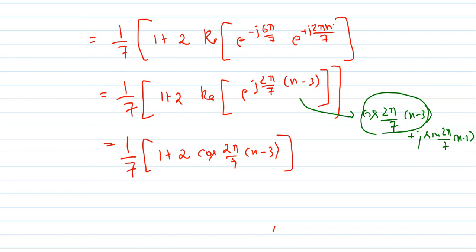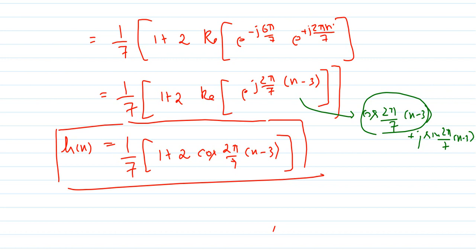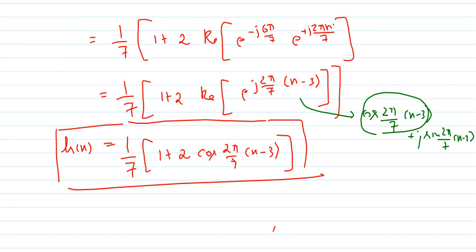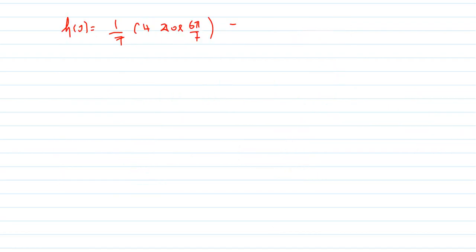Now once this equation is established, this is my h of n. You have to substitute the values and get the filter coefficients, that's all. So substitute h of 0. h of 0 is nothing but 1 by 7 times 1 plus 2 cos 6 pi by 7, right? For n equal to 0, cos of minus is the same, so 6 pi by 7, it comes to minus 0.11456, which is nothing but h of 6.